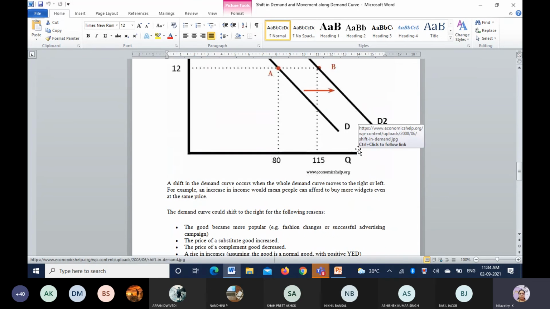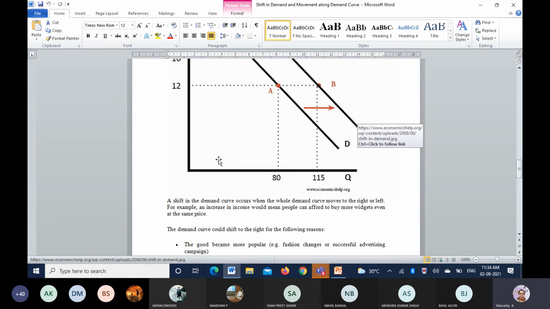The price is only 12 rupees, but as my income increases, I will buy more of the same commodity. Before that, when my income was less, I was very choosy and spent very limited. But now as my income has increased, I will spend more. Or it might be because of some substitution effect or complementary effect happening. All these things I have explained. Because of that also the demand curve might have changed.